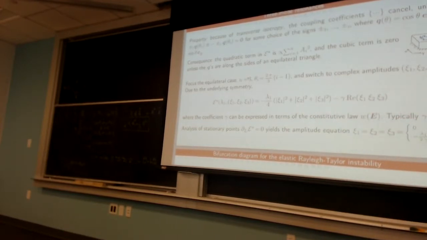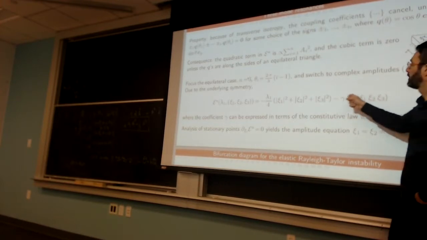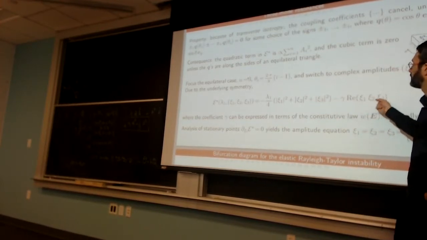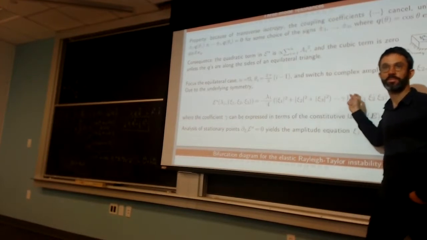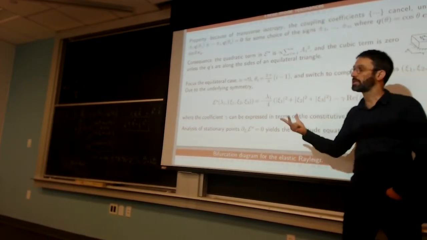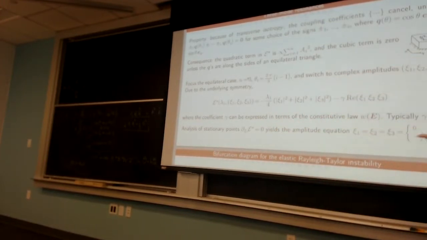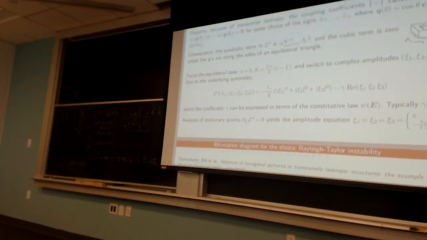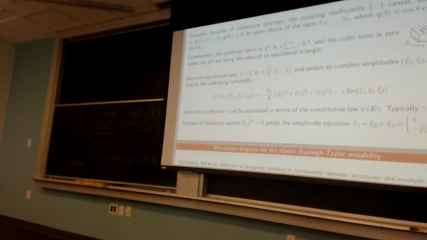Okay, so now we have to find the 3 complex amplitudes, psi 1, psi 2, psi 3, that make this stationary, and that will give us the possibilities for the 3 modes to couple together. Okay, so it's a simple algebra exercise.